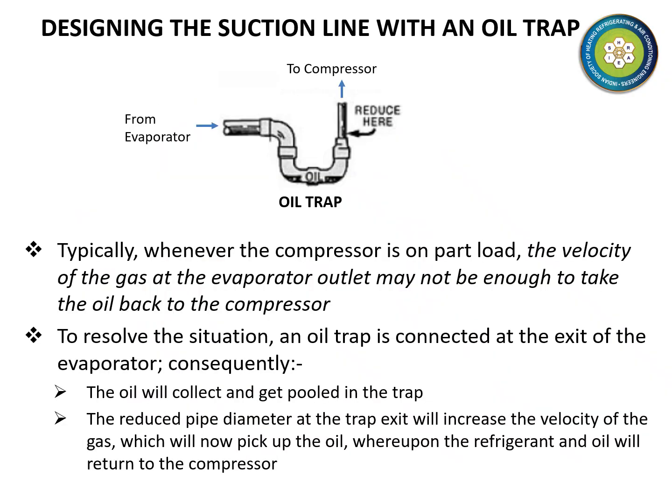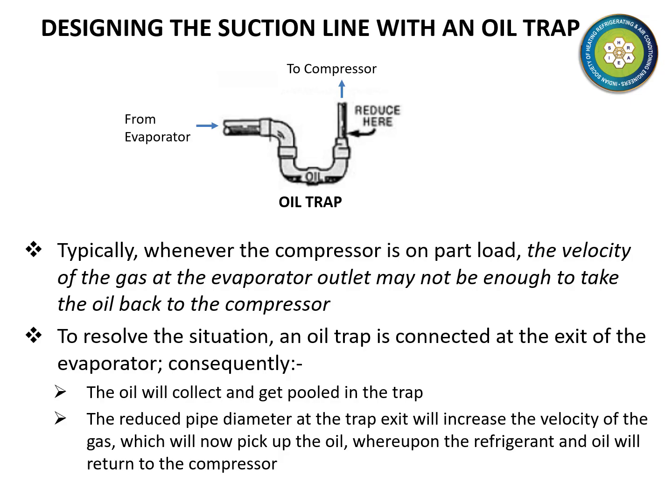Typically, whenever the compressor is on part load, the gas velocity at the evaporator outlet may not be enough to take the oil back to the compressor. To resolve this situation, an oil trap is connected at the exit of the evaporator.